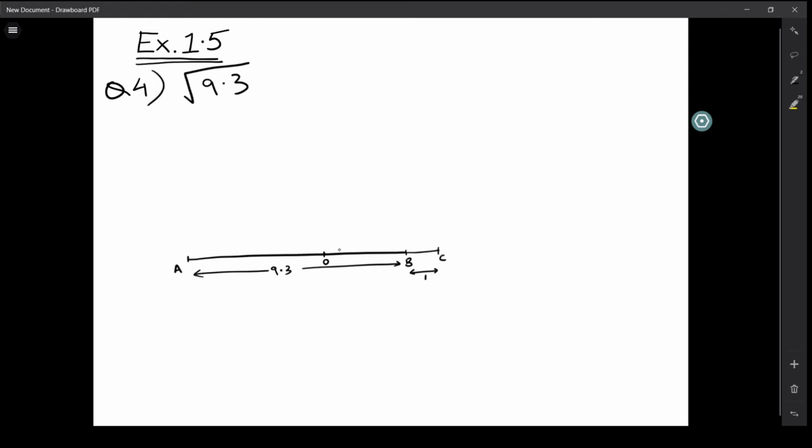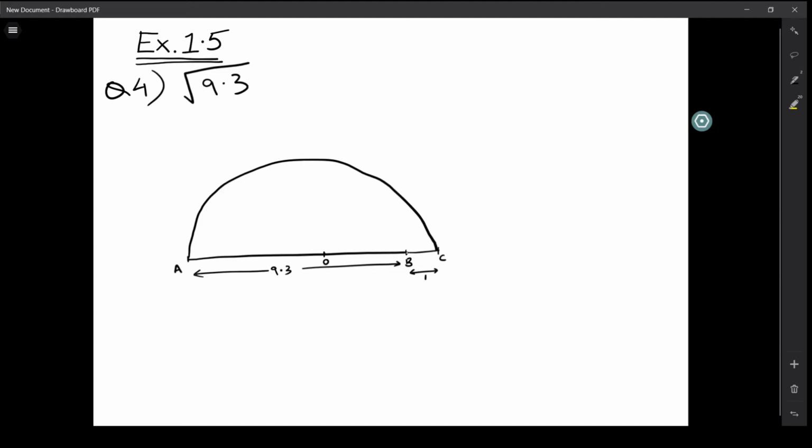Now with center O and radius OA or OC, I need to draw a semicircle. Probably if you use a compass to do this, it'll turn out to be a much more accurate representation of a semicircle than my rough hand drawing over here.